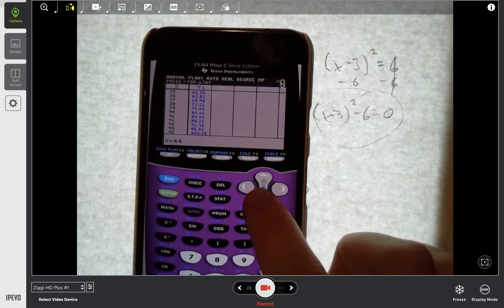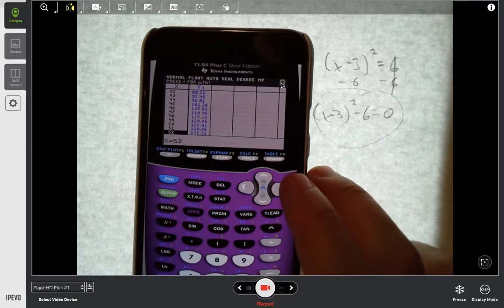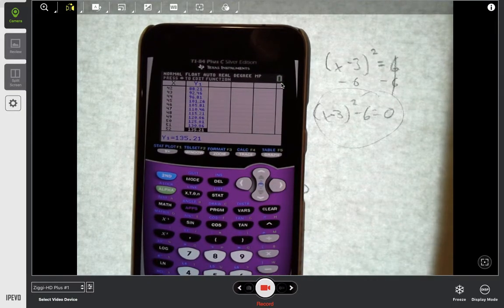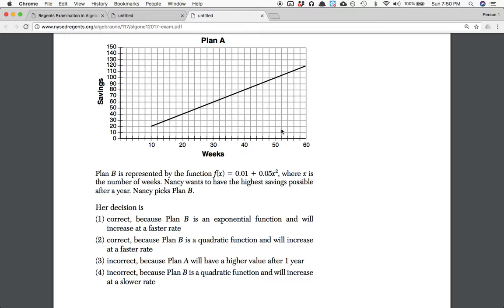Usually exponential is the way to go, but we just got to check it after 52 weeks. All right, so for plan B at 52 weeks, she will have saved $135 or whatever the units are. With plan A at 52 weeks, it's only about $105. So plan B is correct.